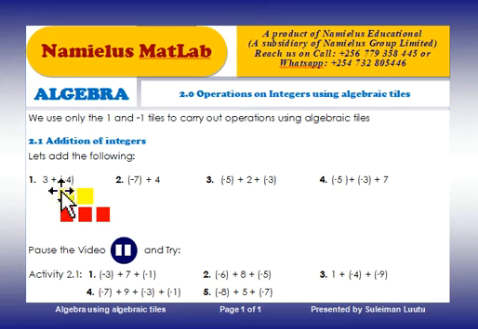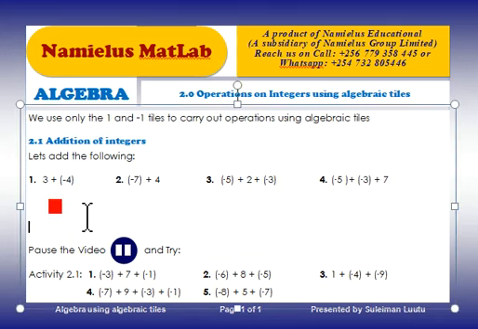This yellow positive cancels out with this negative. And then this yellow positive cancels out with this 1 negative. So that means we remain with our answer as 1 negative. So 3 plus -4 gives you a -1.